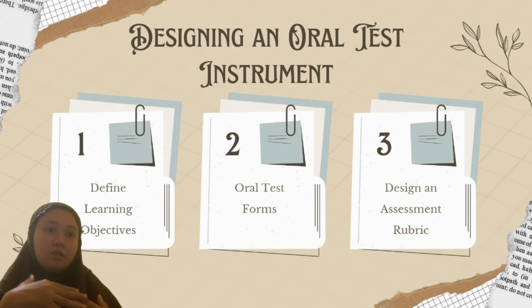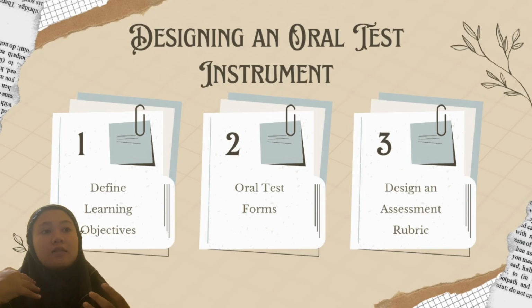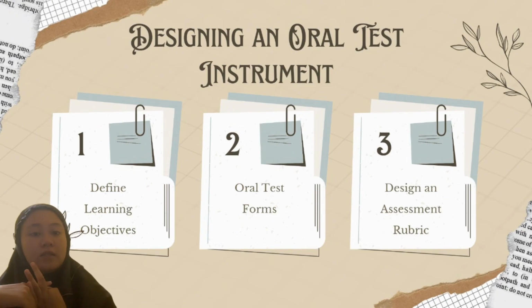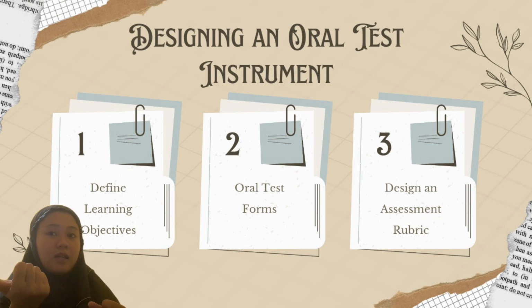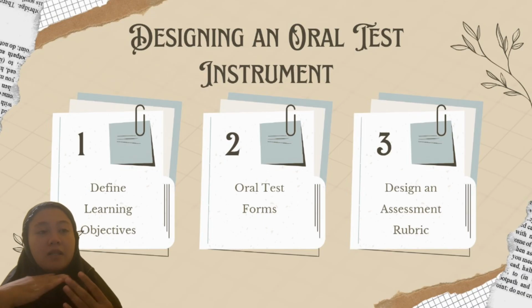In clear assessment criteria, specify the aspects to be assessed, such as speaking abilities, fluency, vocabulary, and pronunciation. The second is listening skills, how to respond to questions or comments. And the third is critical thinking. In critical thinking, we use argument development and problem solving.